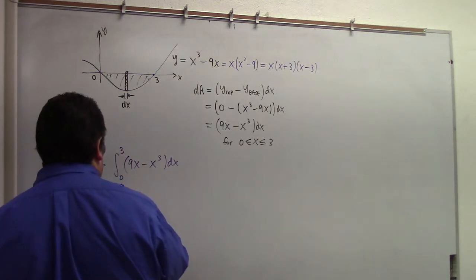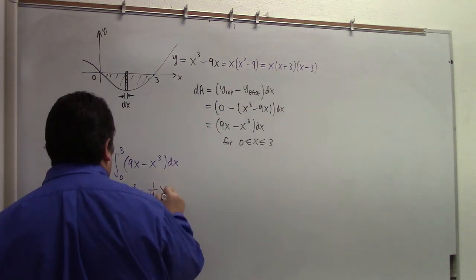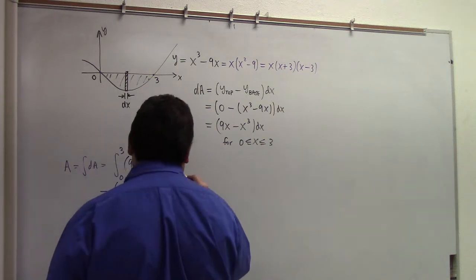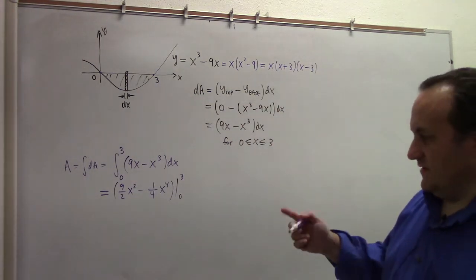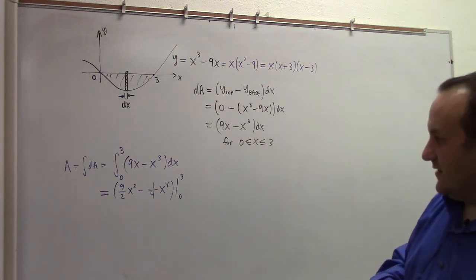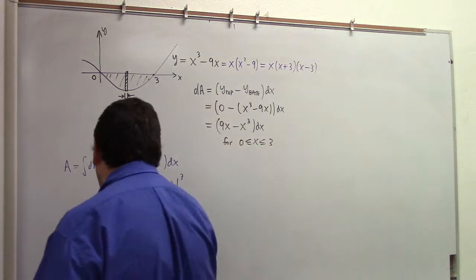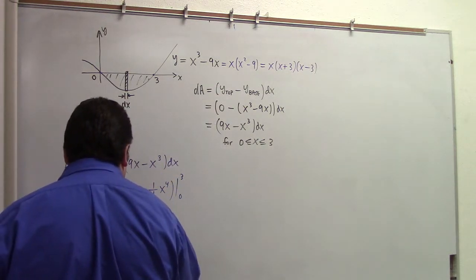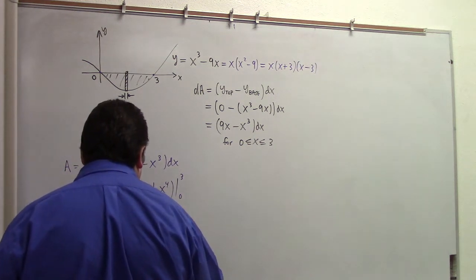So 9 halves x squared, and then minus 1/4 x to the 4th, evaluated from 0 to 3. The 0 does nothing, right? If you plug 0 into x squared and x to the 4th, you get 0. So we only need to focus on the upper bound. We get 9 halves of 3 squared minus 1/4 of 3 to the 4th power.